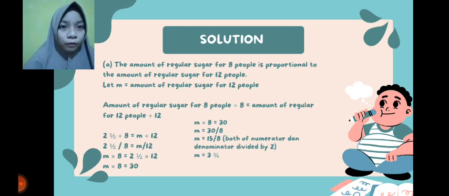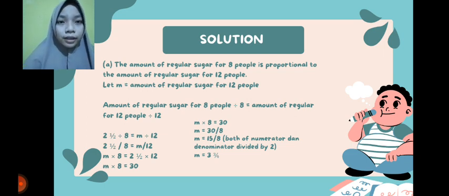The first, the amount of regular sugar for 8 people is proportional to the amount of regular sugar for 12 people. Now let M be the amount of regular sugar for 12 people. And we got the amount of regular sugar for 8 people divided by 8 equals the amount of regular sugar for 12 people divided by 12.